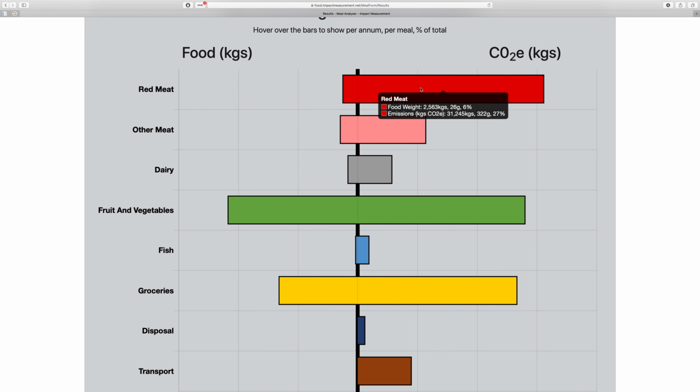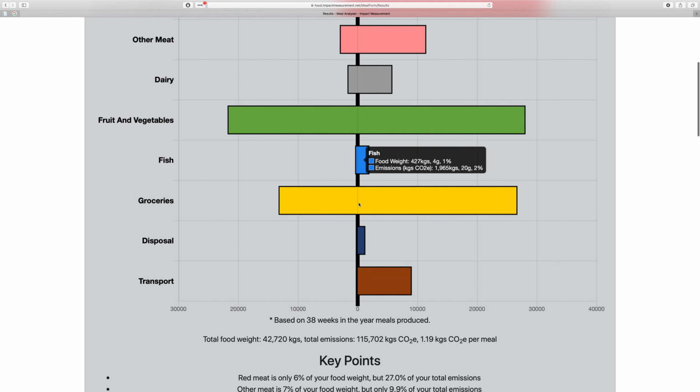So a very significant figure. And visually that shows that too, with a very small area to the left and a very big area to the right. By contrast, if we go down to, say, fruit and vegetables, you can see that the weight of food by percentage that we purchased was 51%, but that 51% has only generated 24% of the emissions. So a big difference between the two.